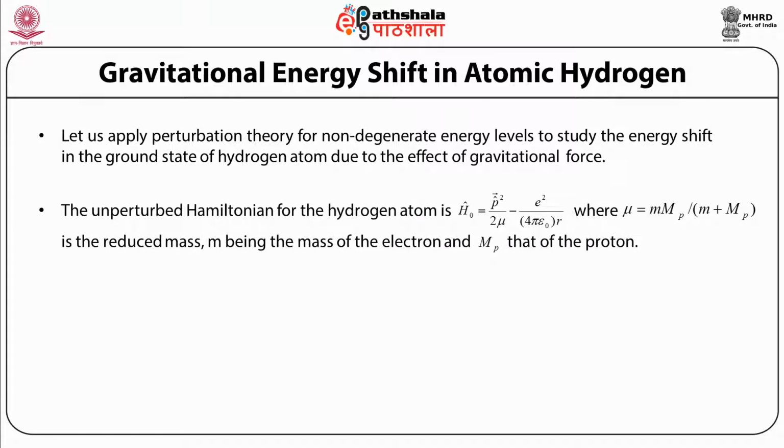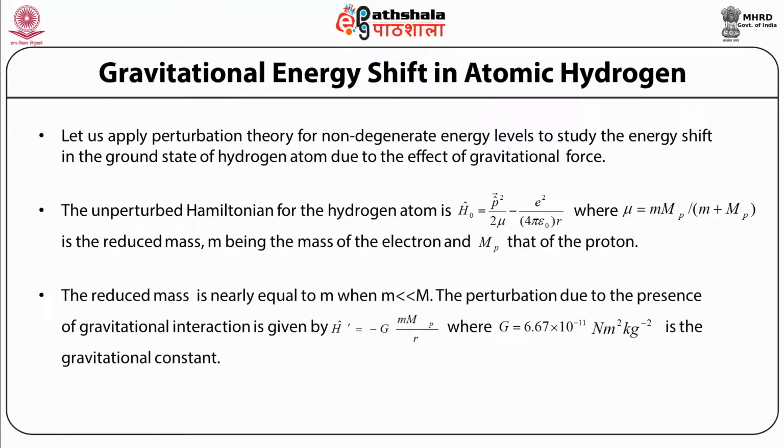The unperturbed Hamiltonian for the hydrogen atom is H0 equals p²/2μ minus e²/(4πε0 r), where μ equals m M_P/(m + M_P) is the reduced mass, m being the mass of the electron and M_P that of the proton. The reduced mass is nearly equal to m when m is much less than M.